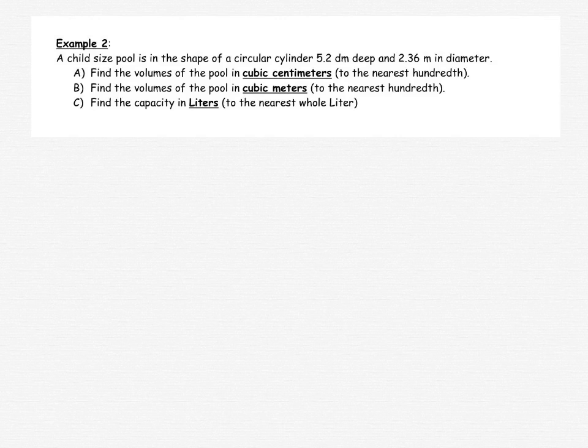Now number 2 has 3 separate parts. So you can be sure that you're going to have a diagram to go with this and accompany some work. It says we have a child-sized pool in the shape of a circular cylinder.